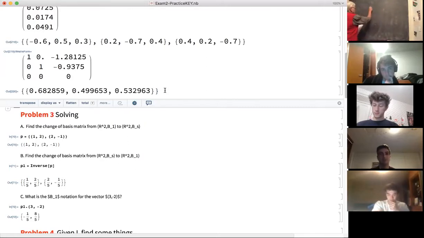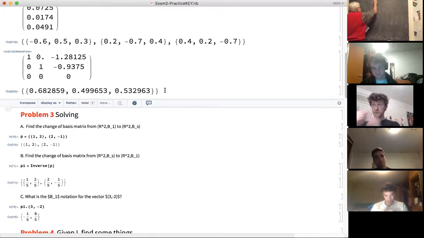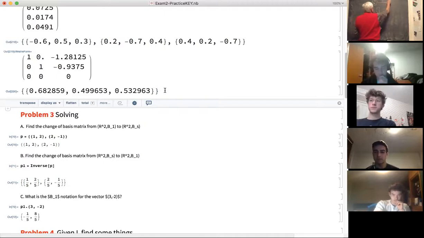The change of basis matrix simply takes the basis that is given in order and puts those vectors in the columns. So this is the change of basis matrix from R2 with the basis B1 to R2 with the standard basis. The next question is, what changes back? And that would be P inverse.